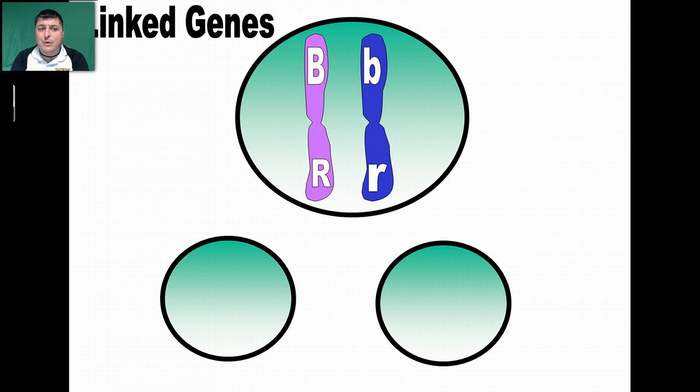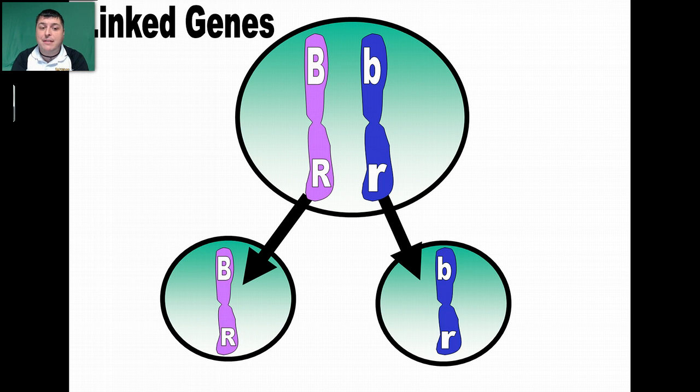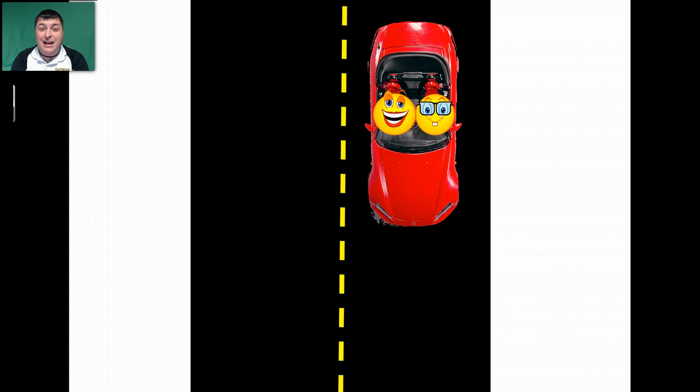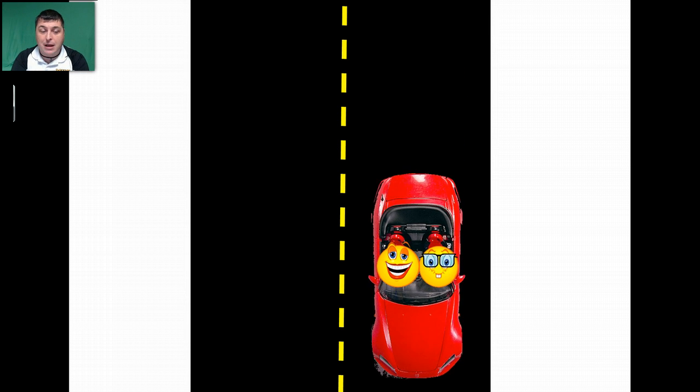So for example, if the dominant alleles were on the same chromosome and the recessive alleles were on the same chromosome, when they separated during meiosis, they have to go together. They're linked together. It's kind of like being 2 people in the same car. They tend to have to go together when they're moving to their destination because they're in the same car.